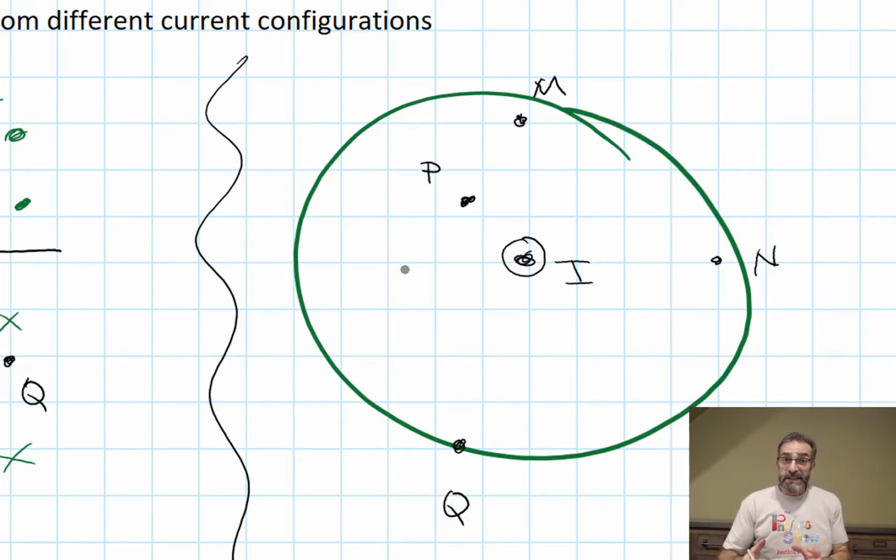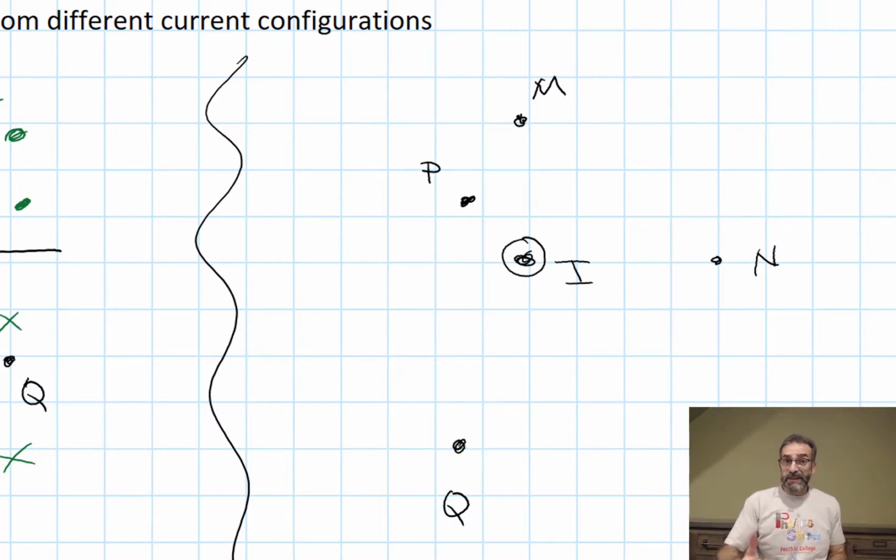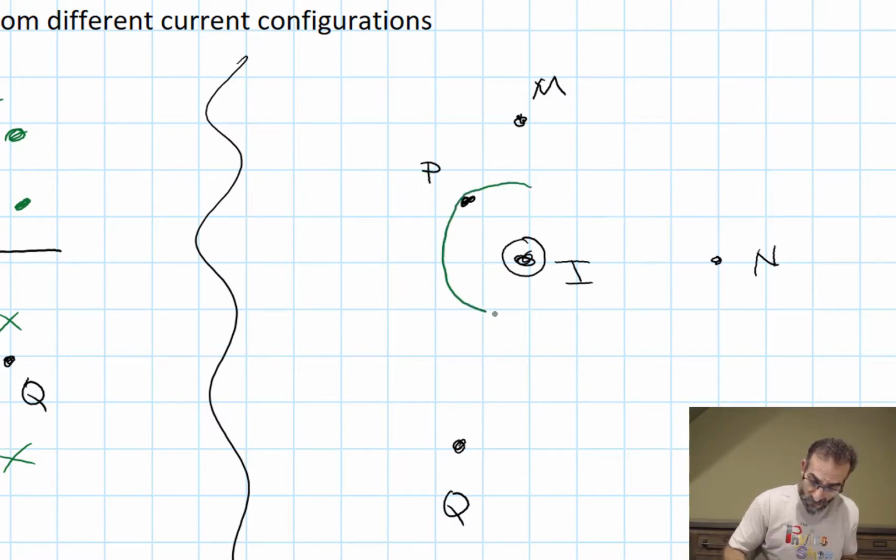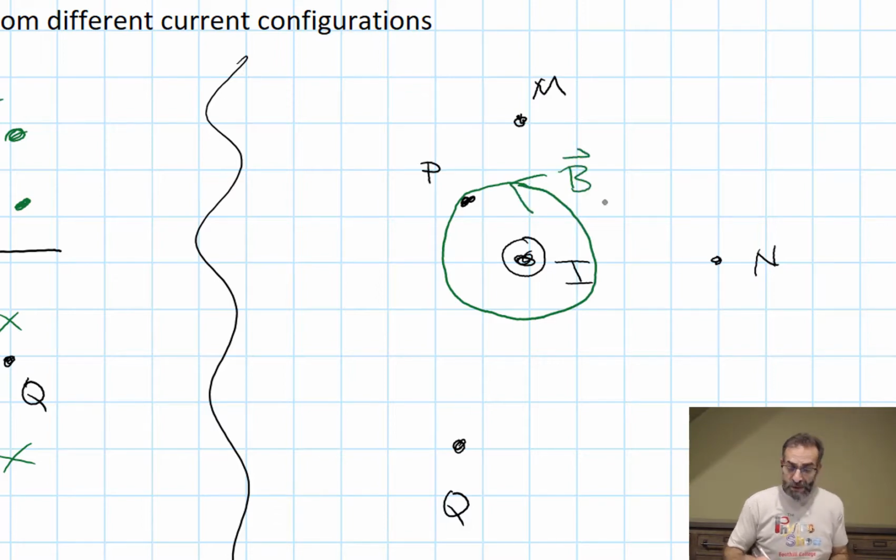The question is, which direction does the magnetic field point? I put my thumb in the direction of the current, my fingers point counterclockwise. So if I were to draw a magnetic field line, B would point in the counterclockwise direction.